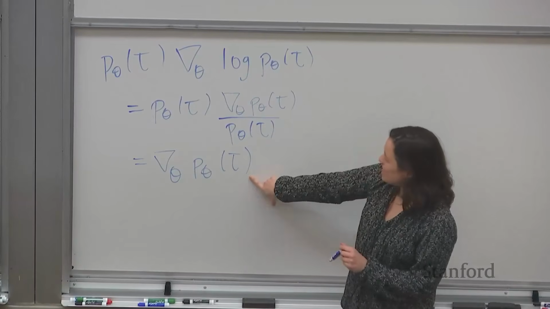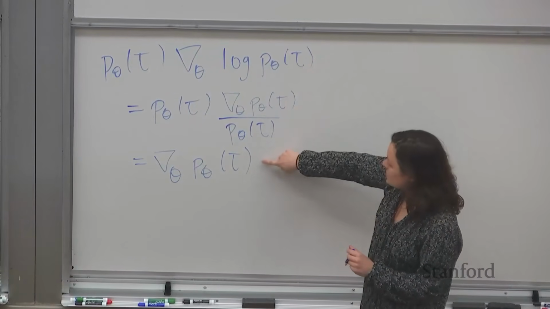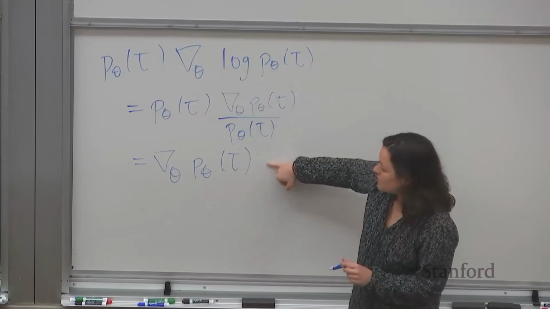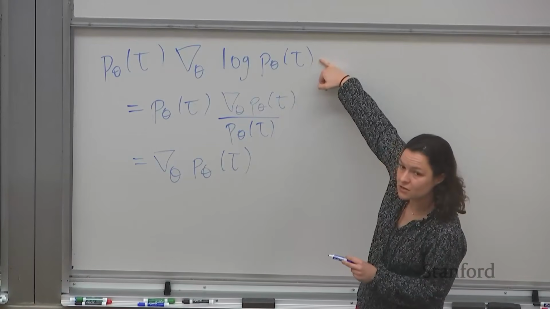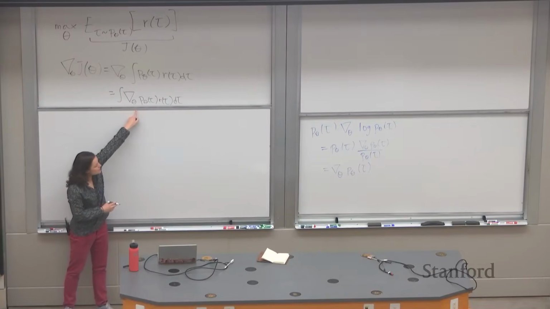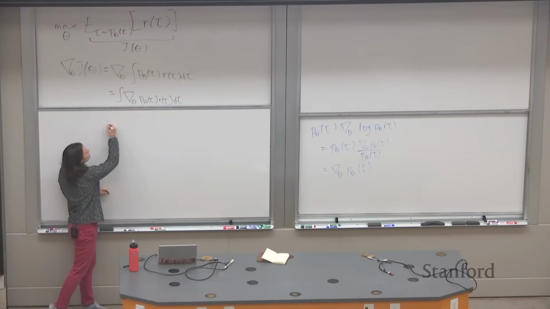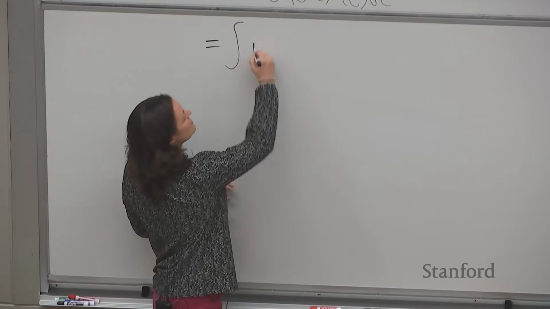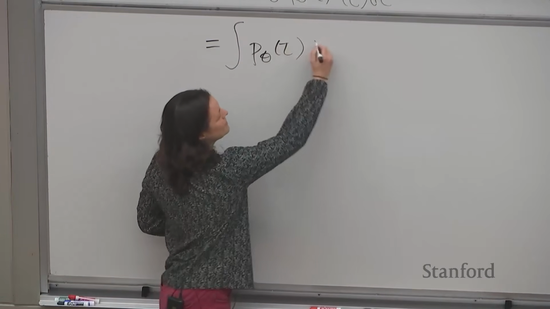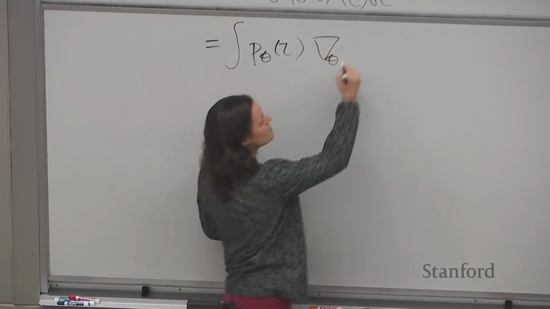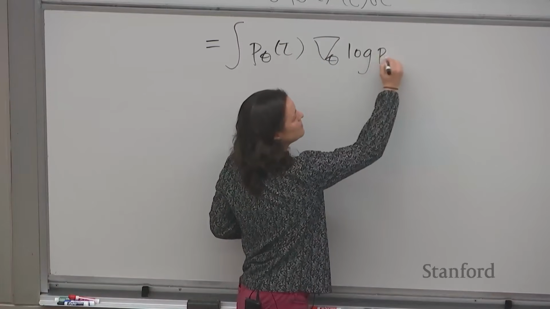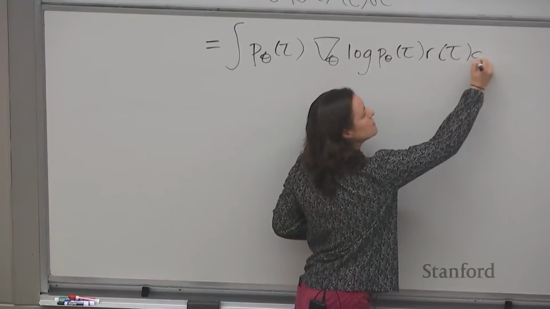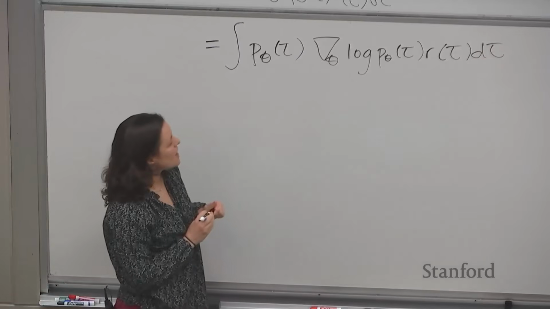The reason this is a convenient equality is that we can replace the gradient of p theta down here with this first expression. If we replace this gradient of p theta of tau, we now get an integral of p theta of tau times grad log p theta of tau times R of tau d tau.